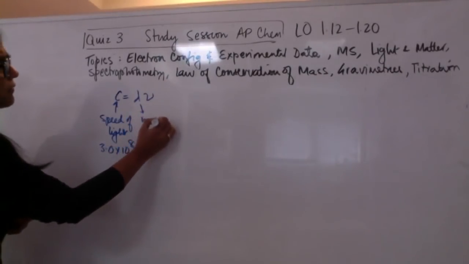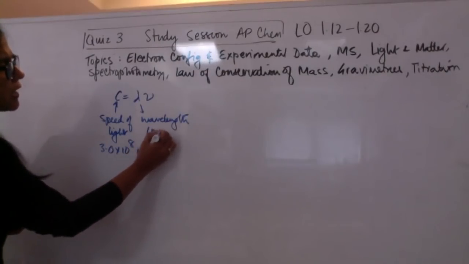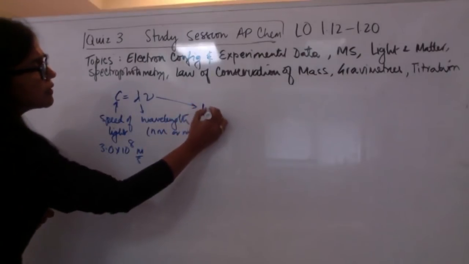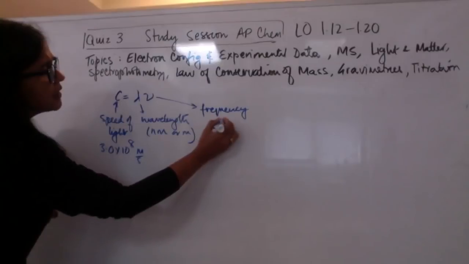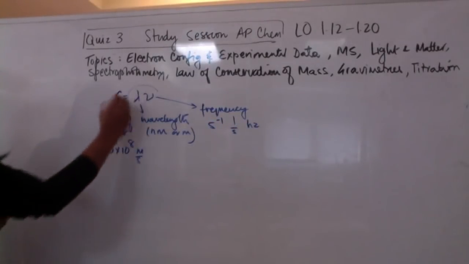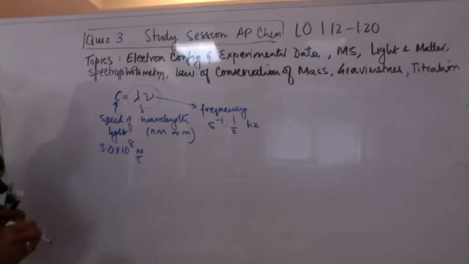Lambda is the wavelength, and its units are nanometers or meters, and nu is the frequency, and its units are second inverse, 1 over second, or hertz. They are all the same thing. So the product of wavelength and frequency remains a constant, which is equal to the speed of light.